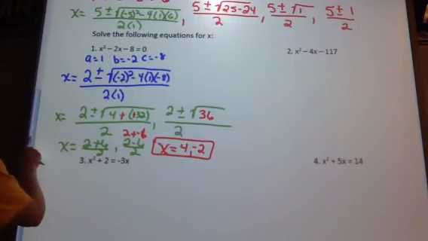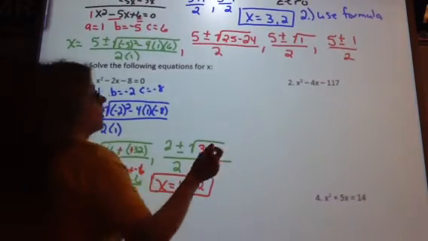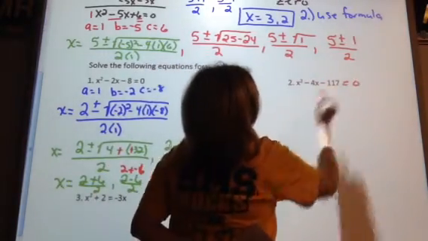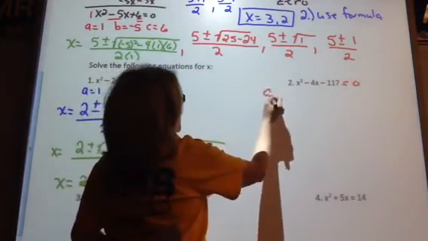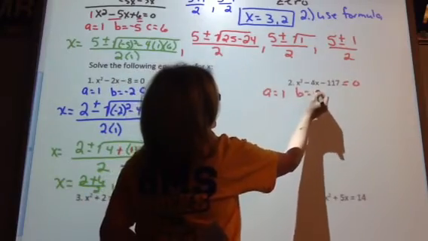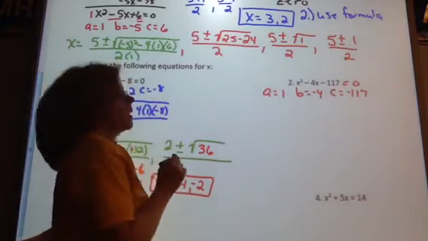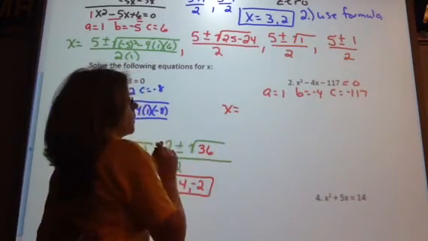Okay, let's do another one. All right, so let's put this equal to 0. First step, identify A, identify B, and identify C. Substitute into your quadratic formula.